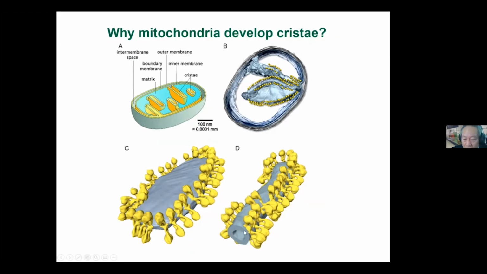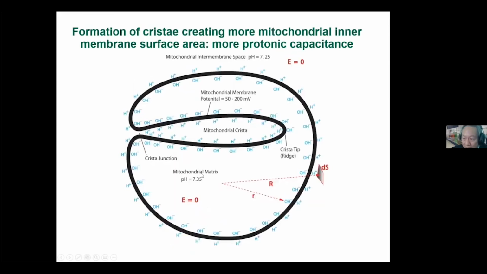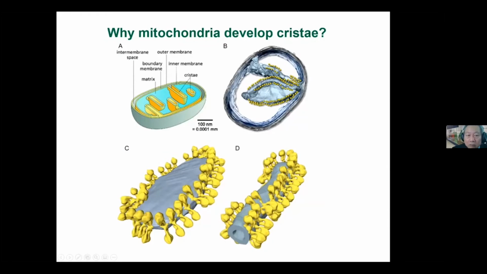Those were revealed by cryogenic electron microscopy. People in the field cannot explain why they do that. Why are these things localized so neatly on the tip here? We now have a theory. For example, why do mitochondria develop cristae?